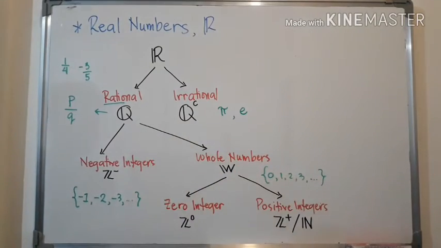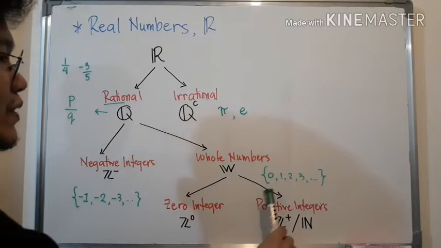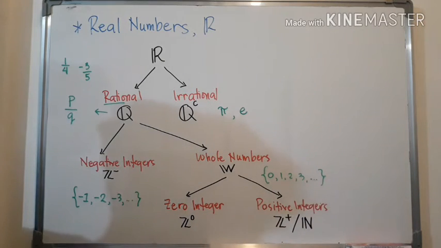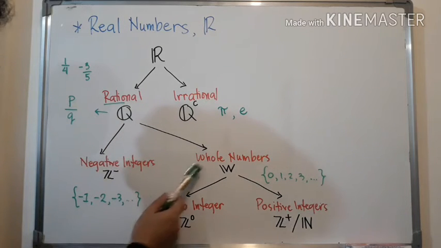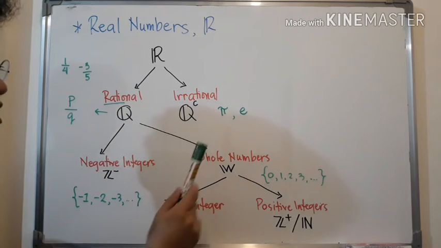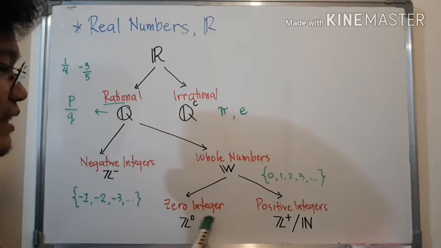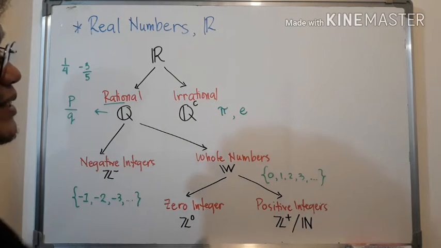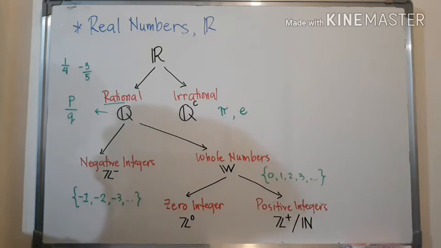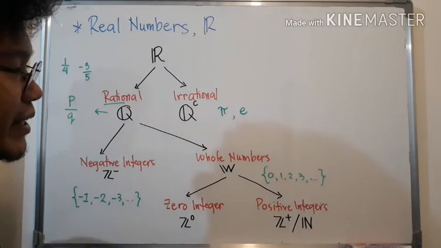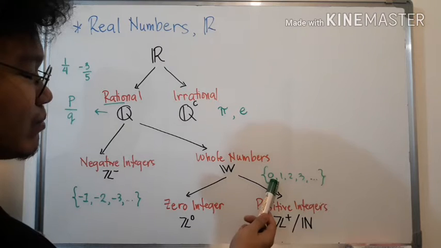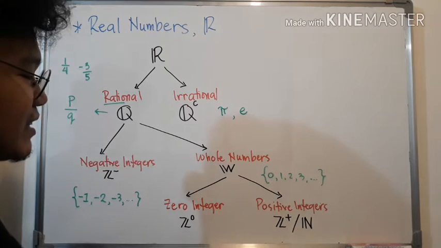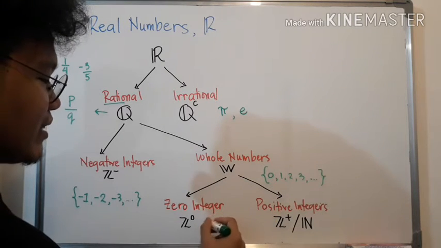Whole number is the set containing 0, 1, 2, 3, and so on. Now these whole numbers can be subdivided into two sets. So whole numbers is the set containing zero integer and positive integers. If you notice in the set of whole numbers, we have 0 as an element, which is our zero integer.